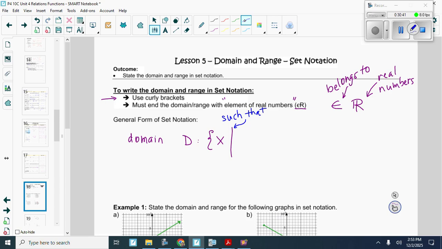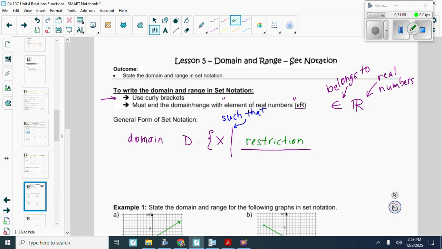Then I'm going to have some sort of restriction here, or boundaries on what happens with my domain. We're not filling anything in specifically yet. I'm giving you the general form.